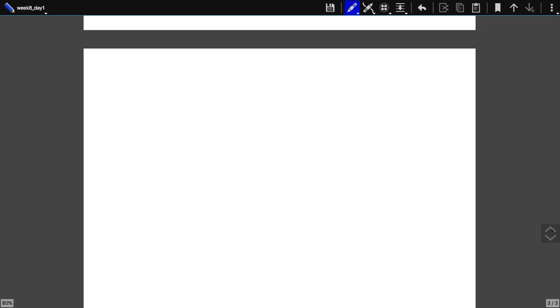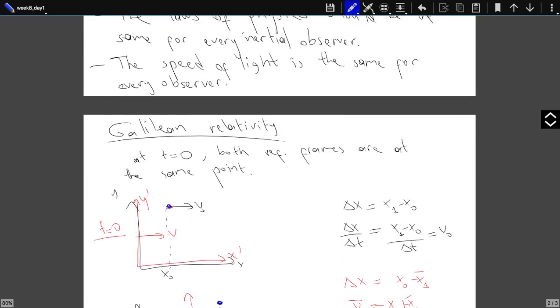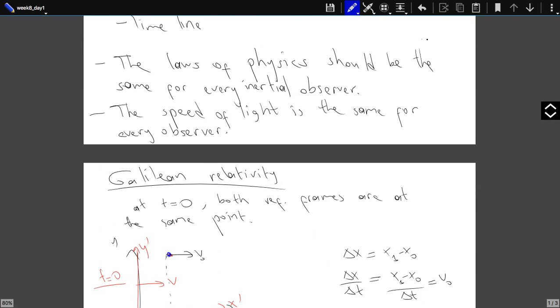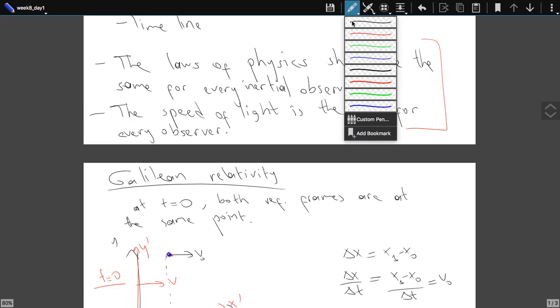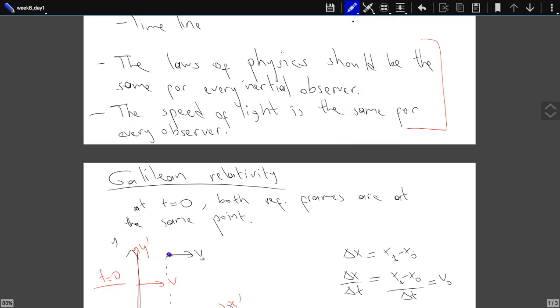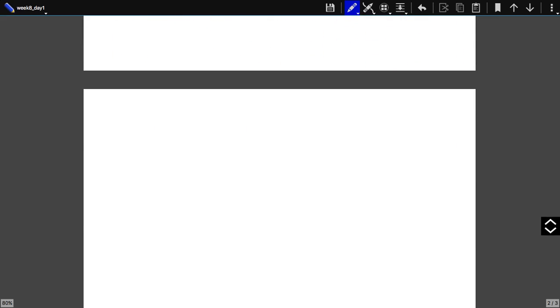Now, you see, if you look at the two postulates, well, they look quite innocent. I mean, they shouldn't have significant consequences. But one shocking consequence of those two things is simultaneity.